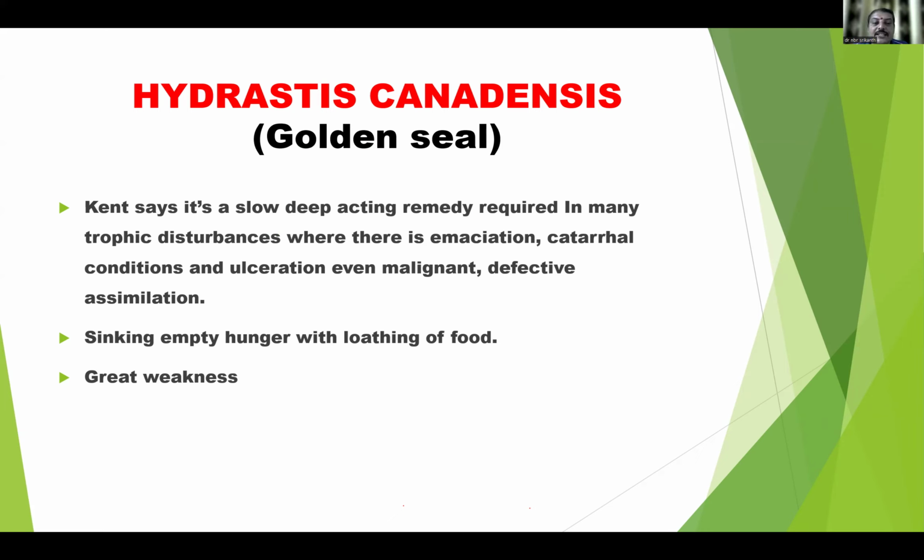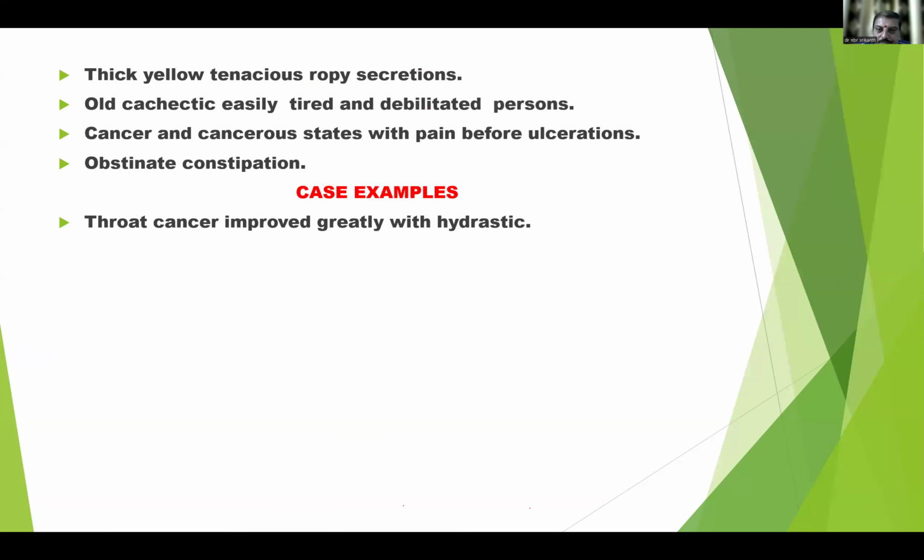Kent says it is a slow, deep-acting remedy required in many trophic disturbances where there is emaciation, catarrhal conditions, and ulceration, even malignant, defective assimilation, thinking, empty hunger with loathing of food, sinking, and great weakness. A quick, thick, yellow, tenacious, ropey discharge, that is the symptom of Hydrastis.